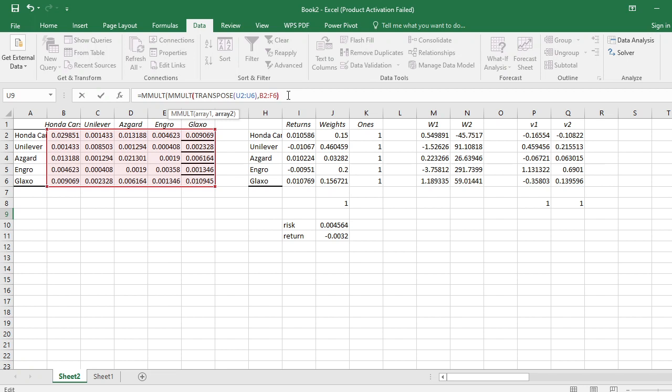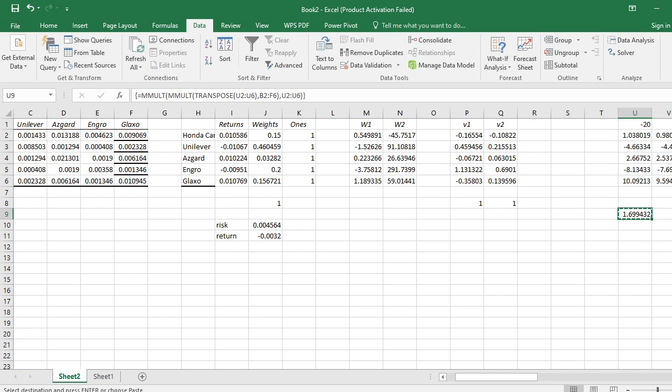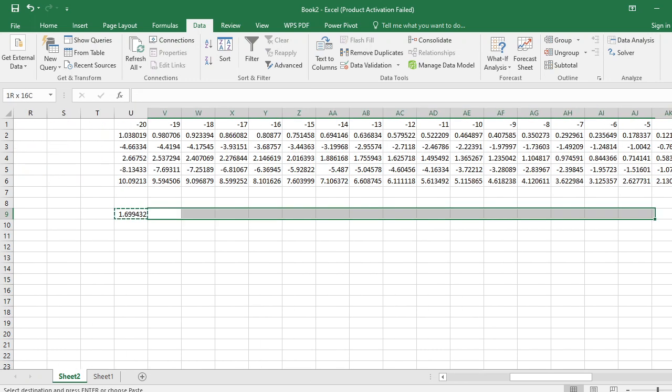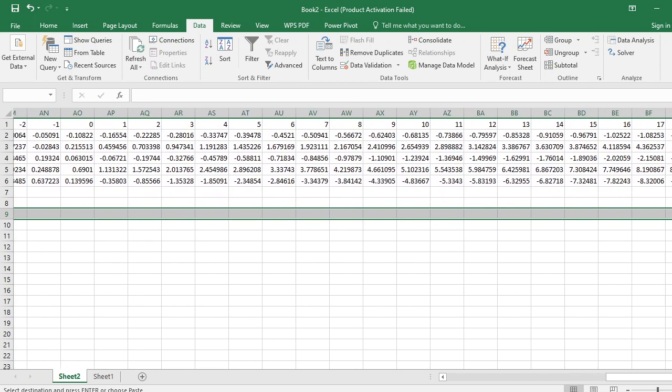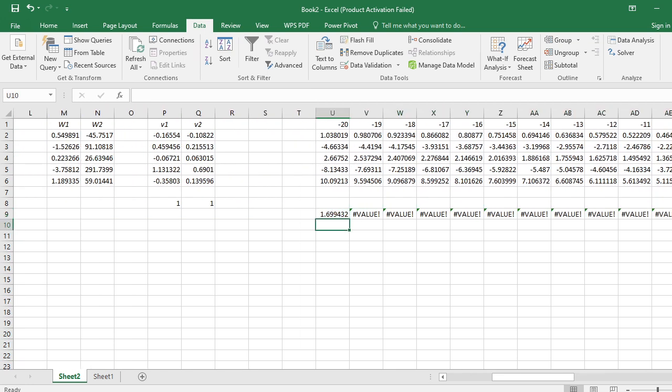Bracket close, comma. Okay, why does it not solve? We fix that later on. Calculate the return.